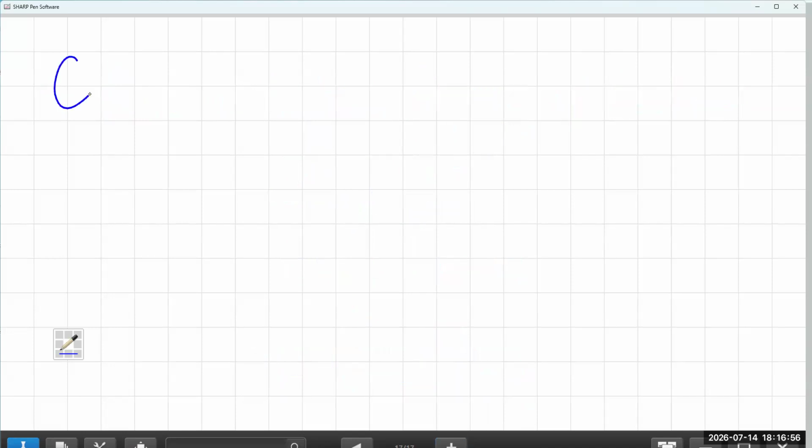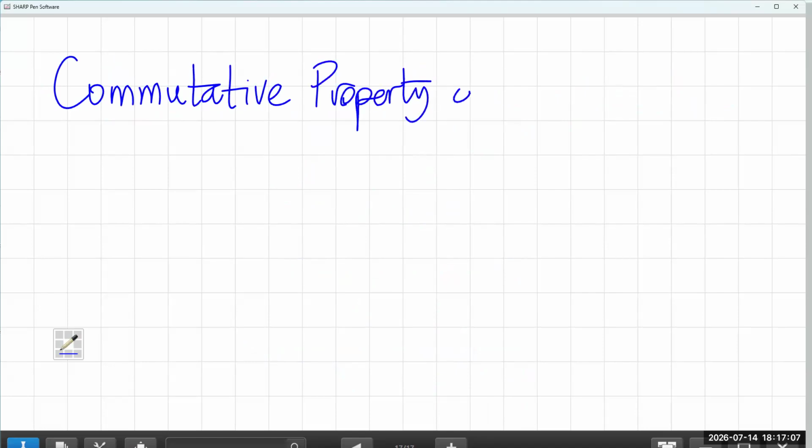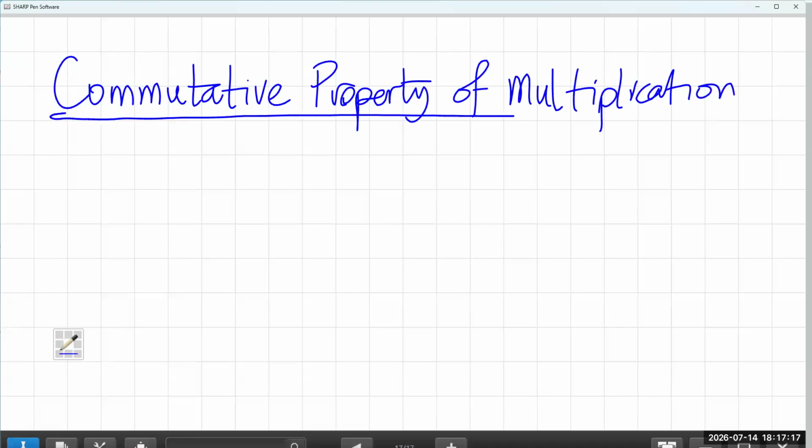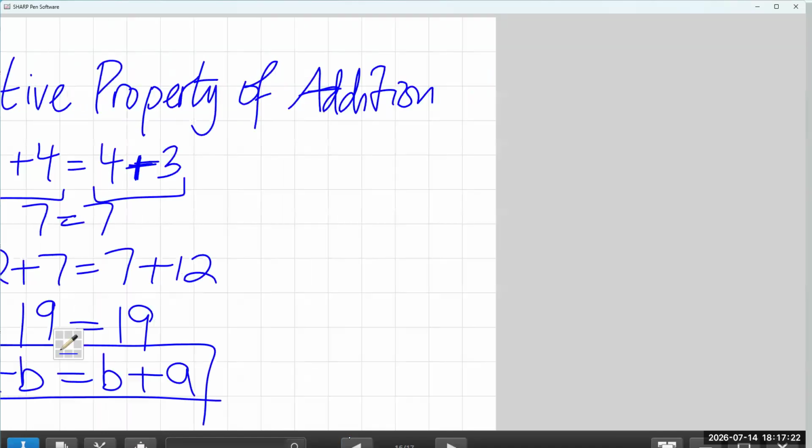For the commutative property of multiplication, okay, so for this one, what number are we on?